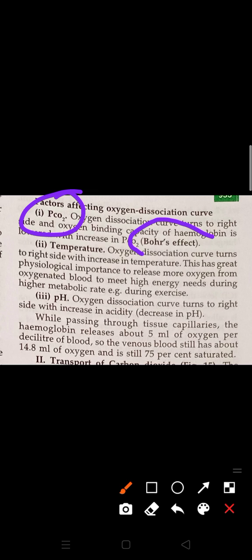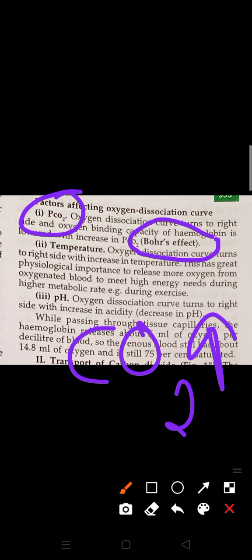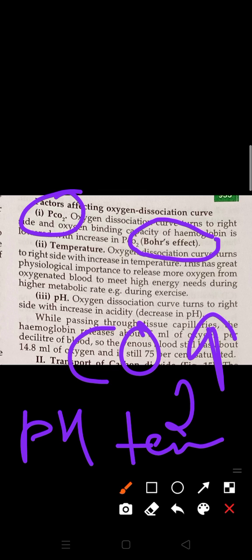That's why it is known as the Bohr effect. If the concentration of CO2, or PCO2, is increased with constant temperature and pH, then the oxygen dissociation curve moves towards the right.